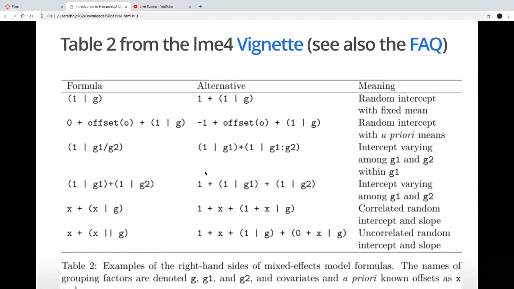But anyway, for better or for worse, and by that I mean for worse, the discussion of these hierarchical models tends to be dominated by papers and software that look at this from a frequentist perspective.